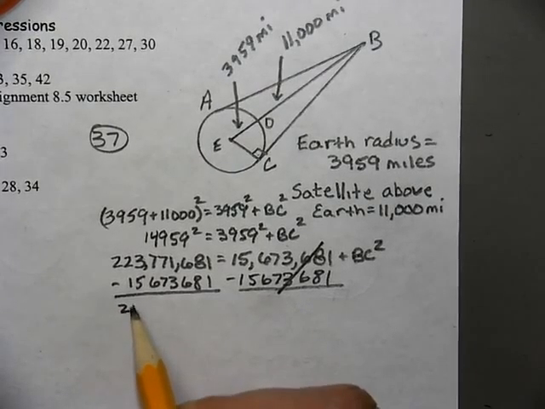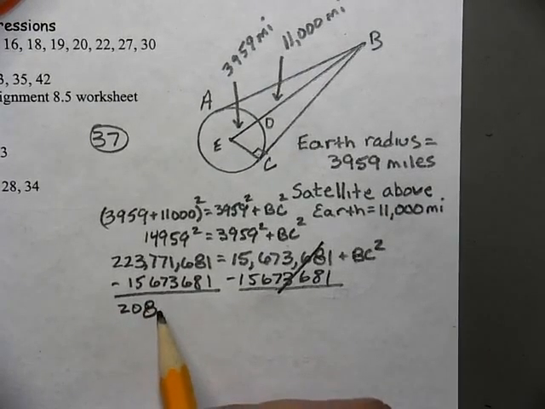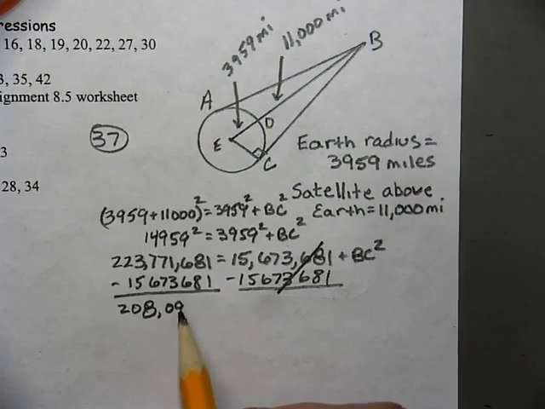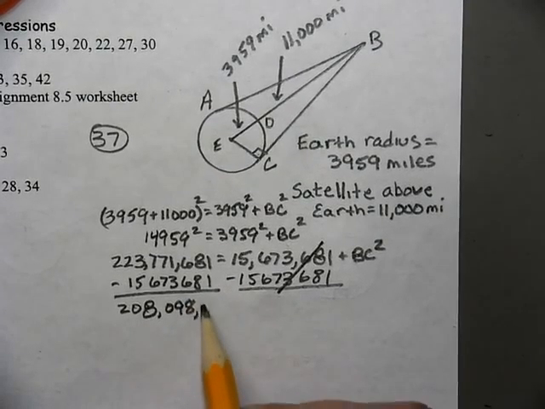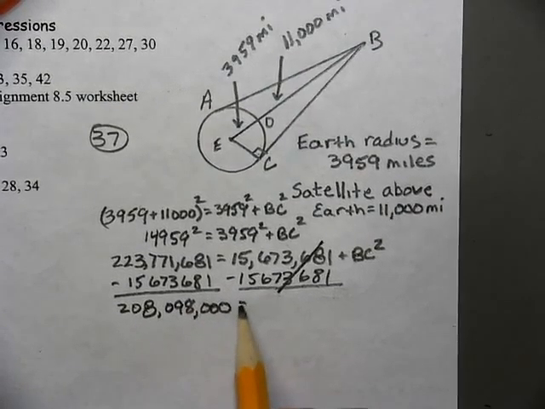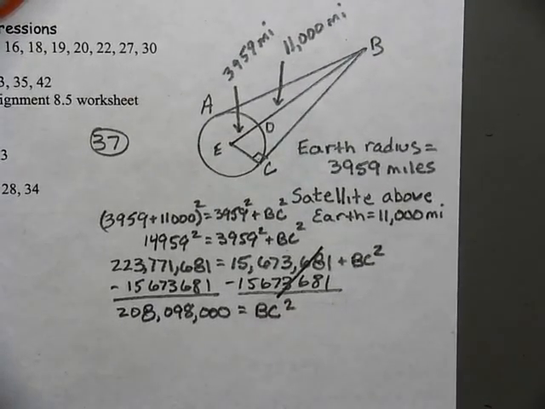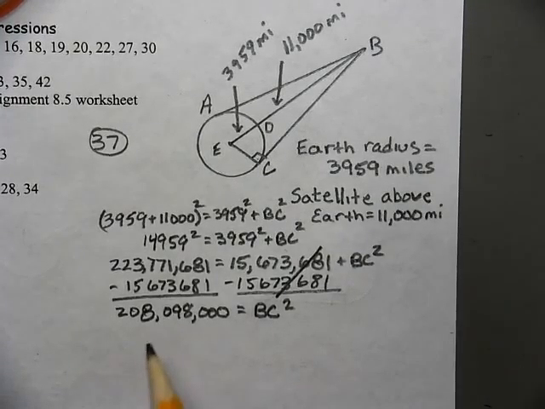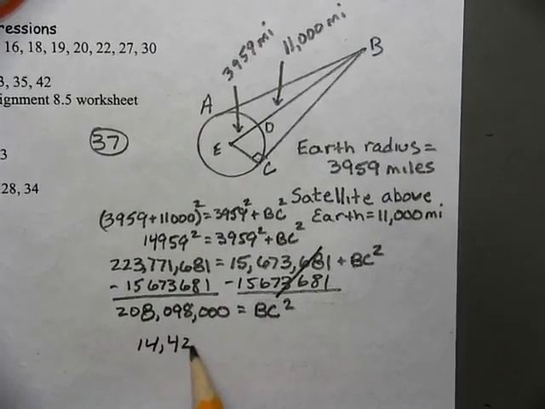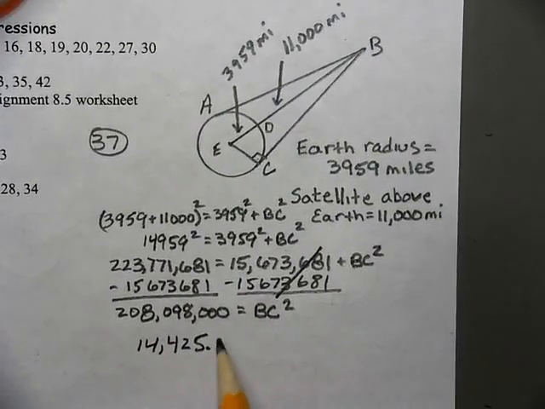And we're going to get 208,098,000, and that's our length of BC squared. So we have to take the square root of our answer, which comes out to be 14,425 with a little bit left over.